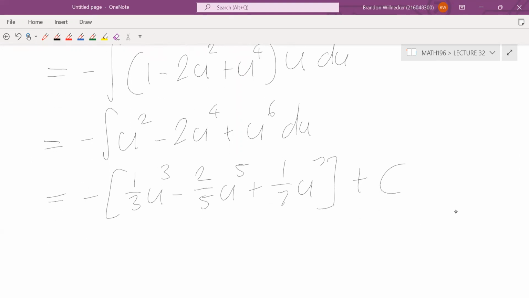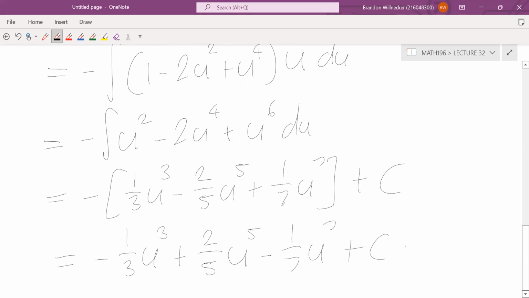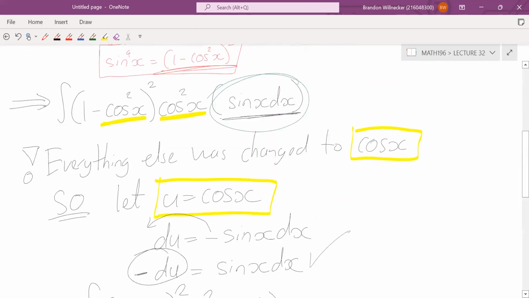Okay, so let's distribute the minus. We're going to have minus 1/3 u cubed plus 2/5 u to the 5 minus 1/7 u to the 7 plus c. Okay, but we're not done yet. We don't want things in terms of u. We want things in terms of x. So we go back all the way here. u is equal to cos x.